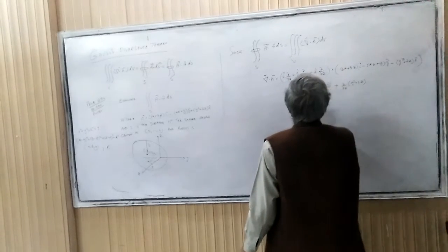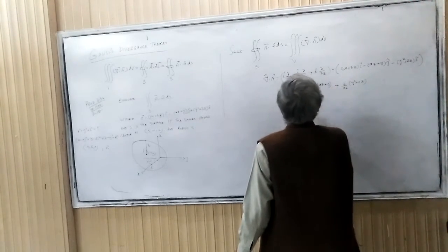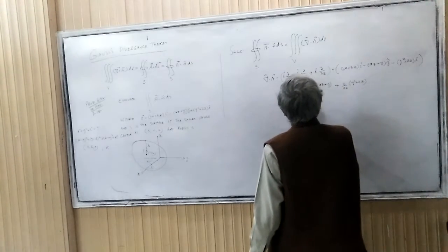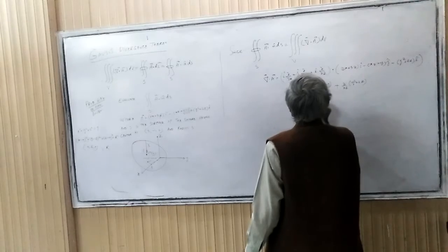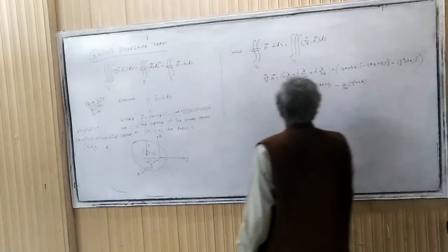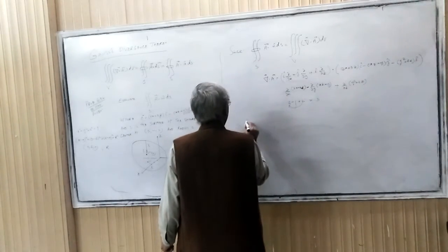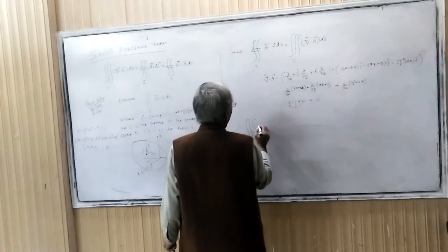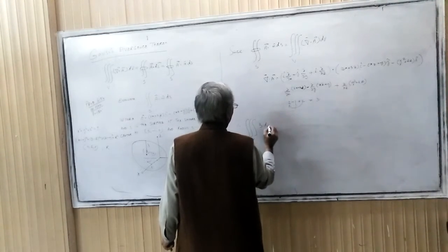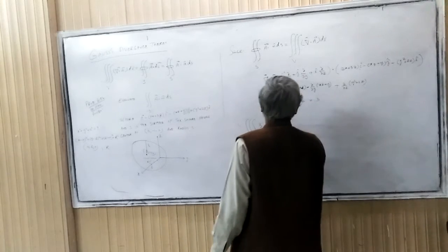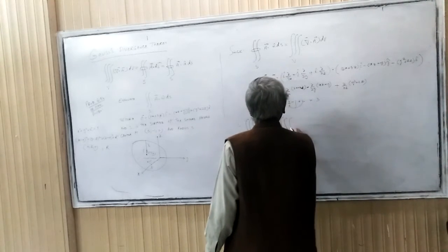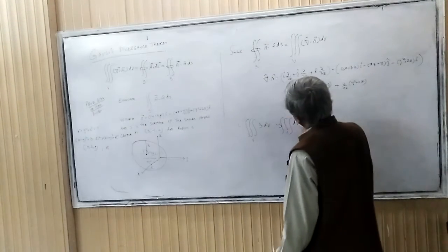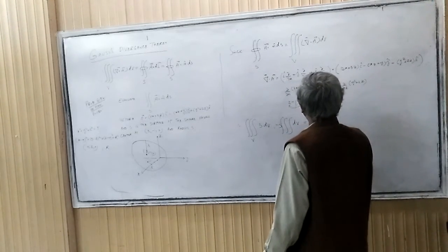Delta over delta z is plus 2 because this is 0. 2 minus 1 plus 2 is 3. So therefore the triple integral over v of del dot A is 3 dV. So 3 can be taken out of the integral, dV.